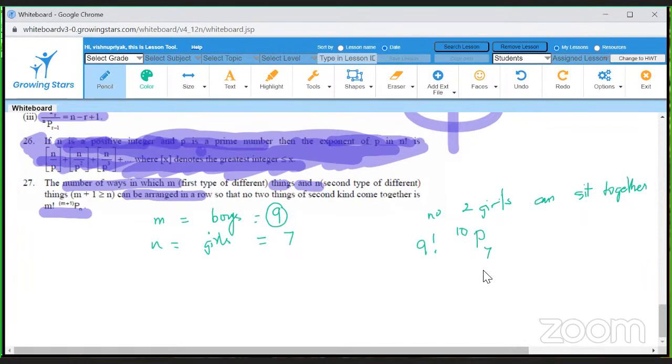Girls can be arranged in this many ways because no two girls can sit together. Now, why is this happening? There are examples and explanation in the PU book. This is just a shortcut formula which we are learning.